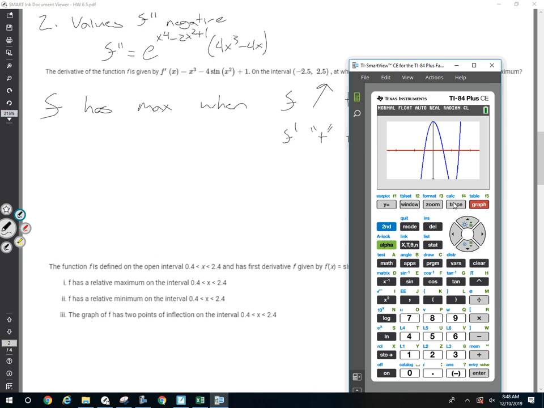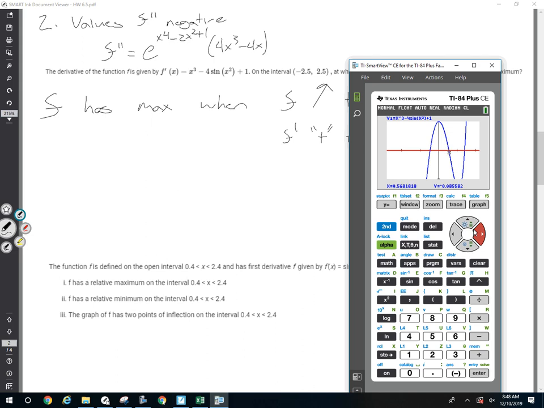Okay, so let's think about this. F prime is negative. Yep. It's negative till it gets to a 0. Then it's positive till it gets to this 0.